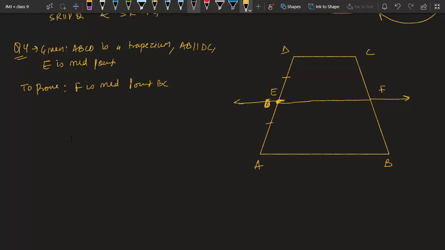To go indirectly, the question has given you a hint. They have joined this D and B. By joining it, they have made the things very easy for you.